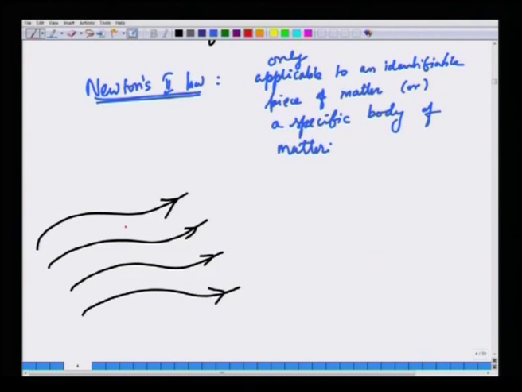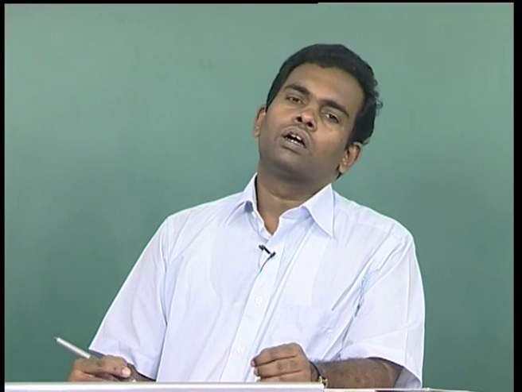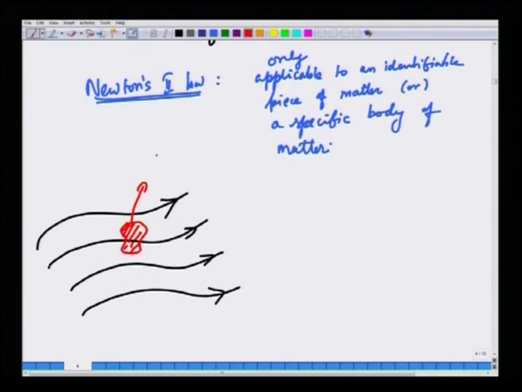In principle we can identify a set of points by imagining putting a blob of dye, not a point of dye, but a colored drop of dye of some shape at the initial time, and if the dye molecules do not diffuse much in the time scales of interest to us in the flow, then this particular piece of fluid identified by the blob of dye is a specific body. It is a material body or material volume. A material volume in fluid mechanics contains the same set of material points or fluid particles.